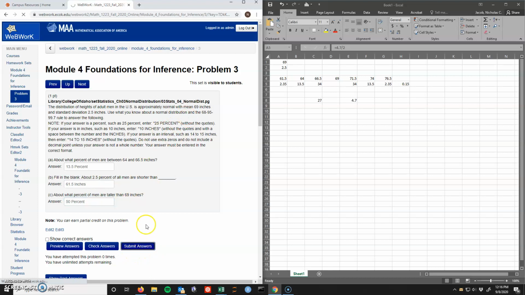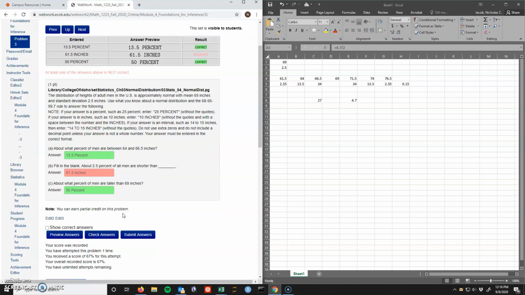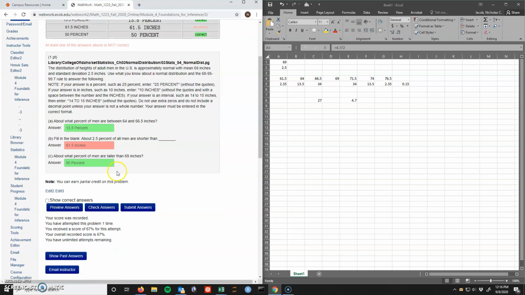So we'll go ahead and submit answers, show you guys what I do wrong. 2.5% of men are shorter than, let's see. I made a mistake. Oh, you know what I did? What I did was I said from here to here is 2.35%.